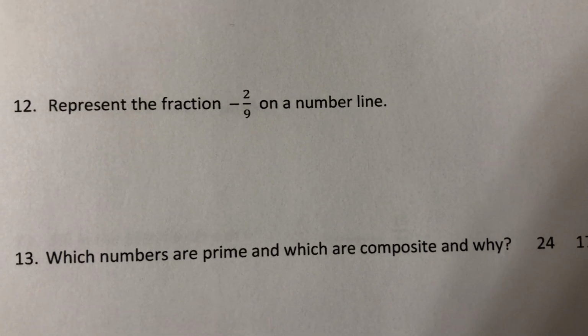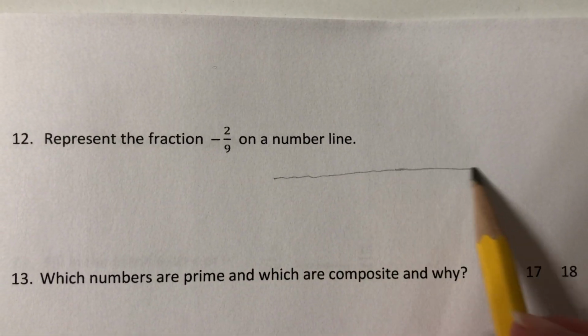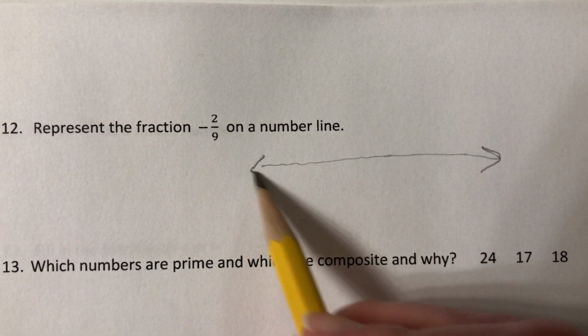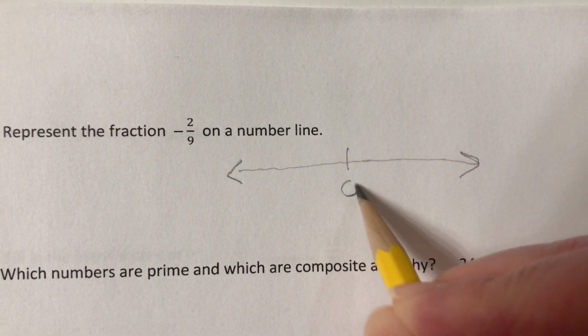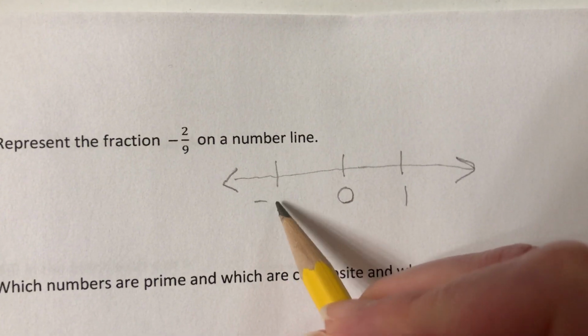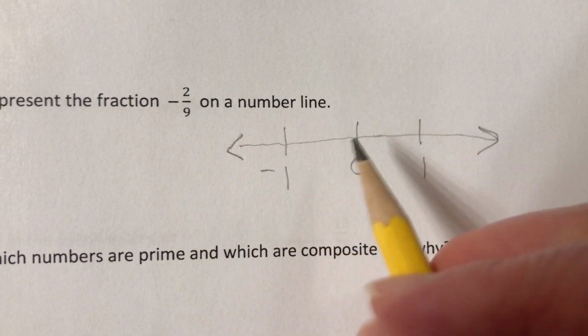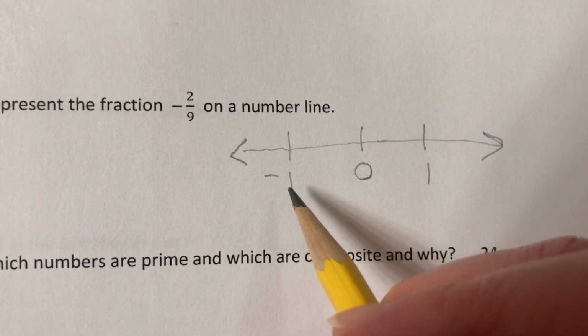Represent the following fraction on a number line. So you need to make a number line. And I'm going to put in 0, and I'm going to put in 1, and I'm going to put in -1. Now, -2/9 is in between 0 and -1.